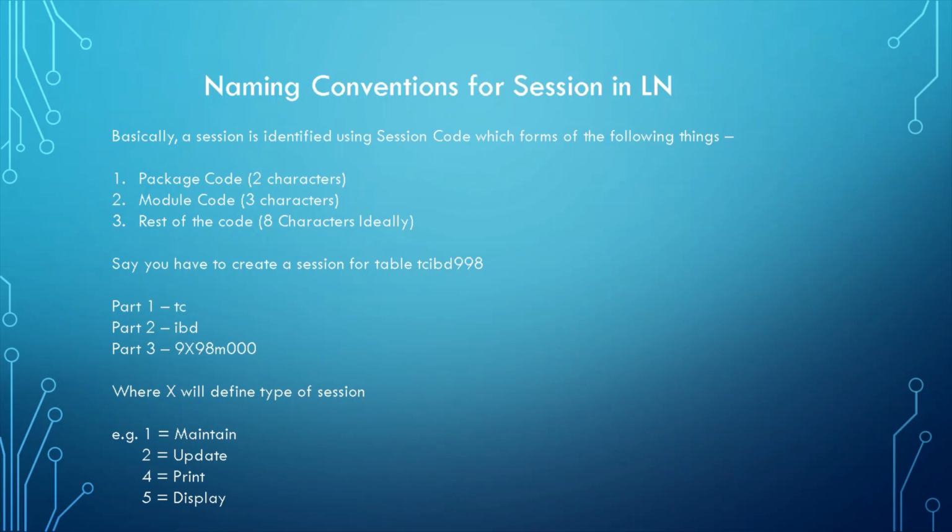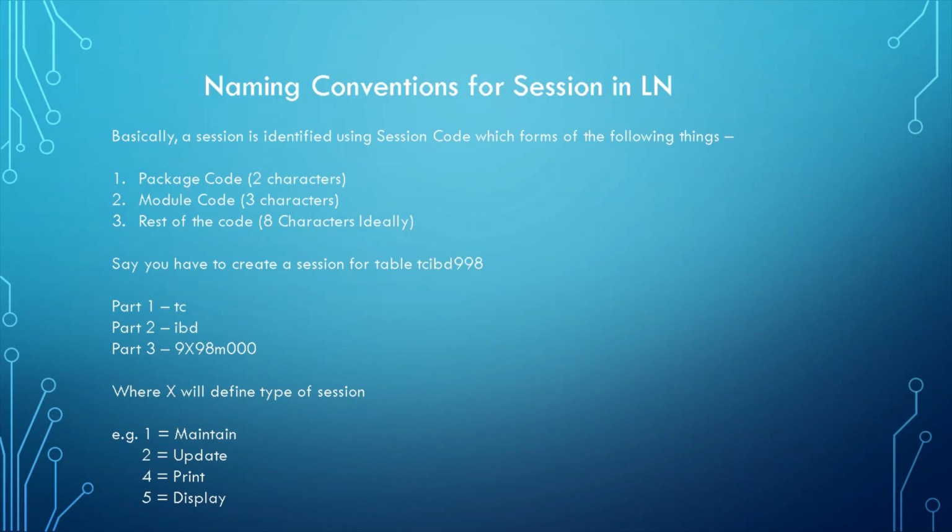Now when you are going to identify the session, it won't be using the session name. So the identifier of a session will be called the session code. Say you have to access sales order data. You are not going to find that using the name like sales order data, but instead you are going to identify the session by its code.